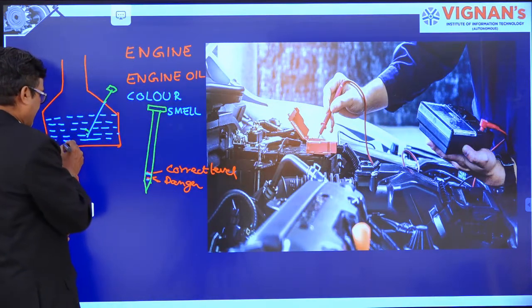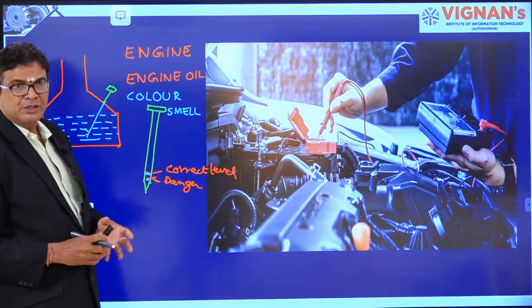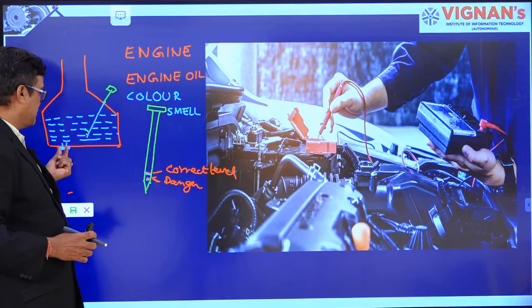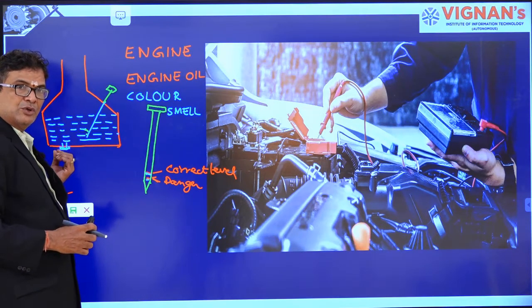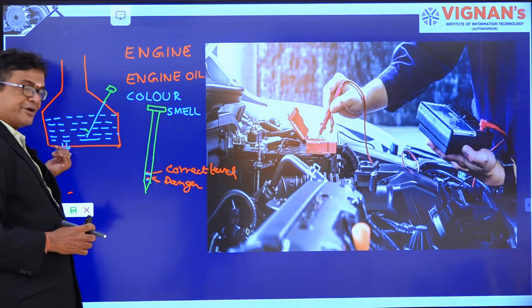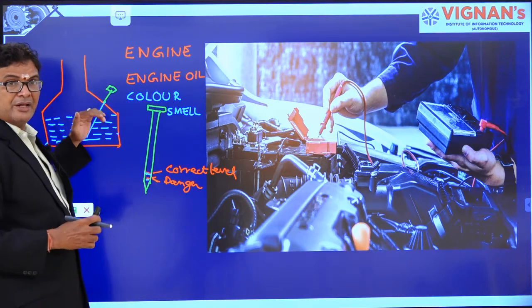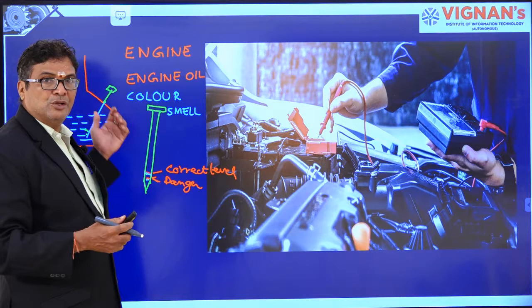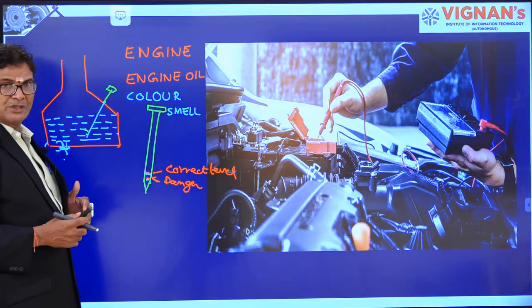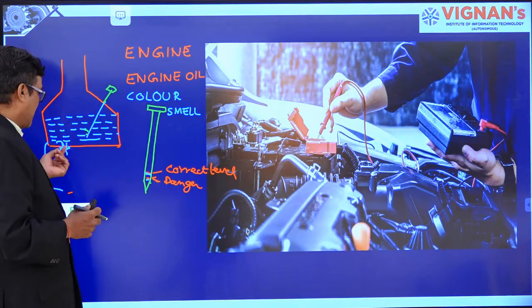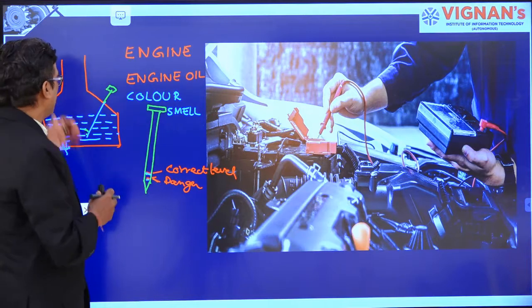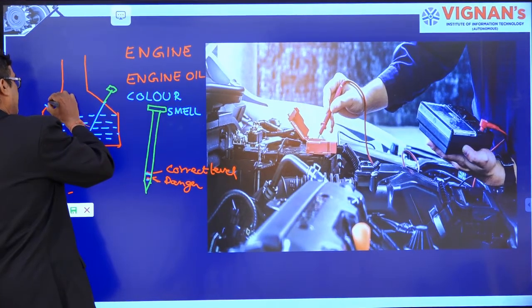Here at the bottom, there is a nut provided. To change the engine oil, they remove the nut at the bottom so that the entire waste lubricating oil is drained out completely, right? Then it is closed again and new oil is poured from the top side.